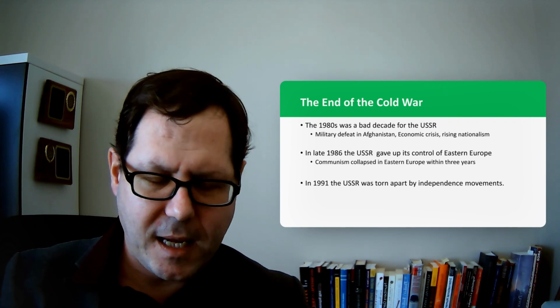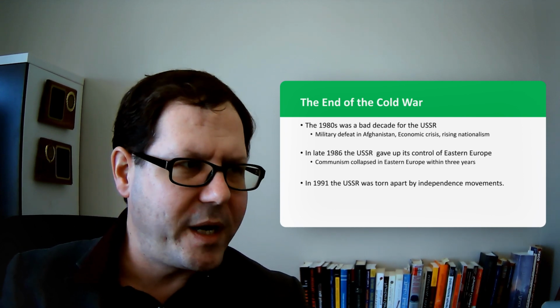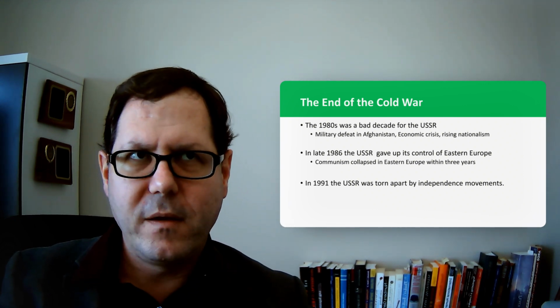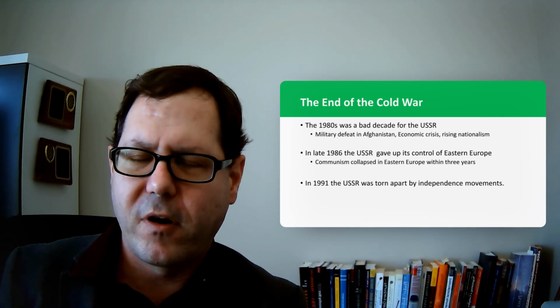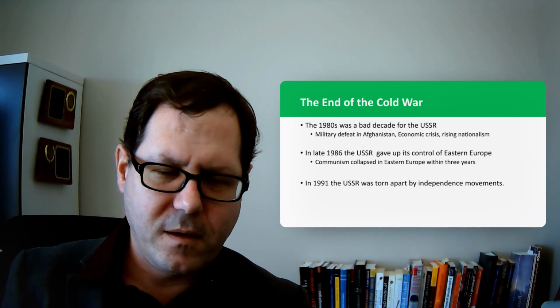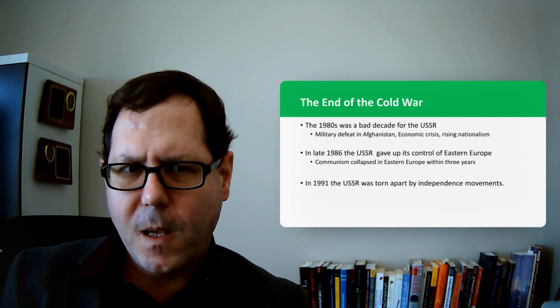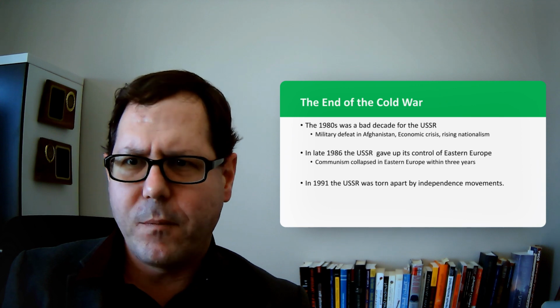In Germany, a country that had been divided by World War II, so there's East and West Germany, and East Germany, particularly in Berlin, is walled off and separated from West Berlin, which is still under the control of West Germany. There's a series of peace protests that start taking place.